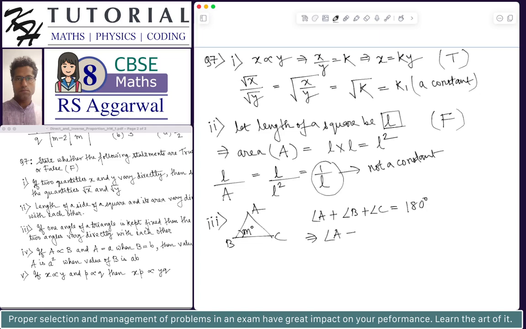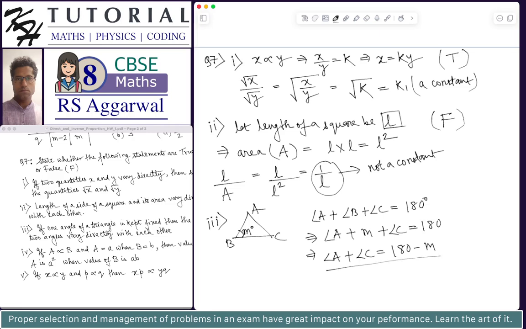So angle A plus m plus angle C is equal to 180. So this implies angle A plus angle C is equal to 180 minus m. So we have this relation.